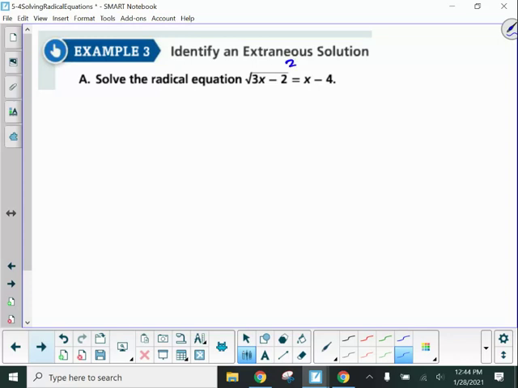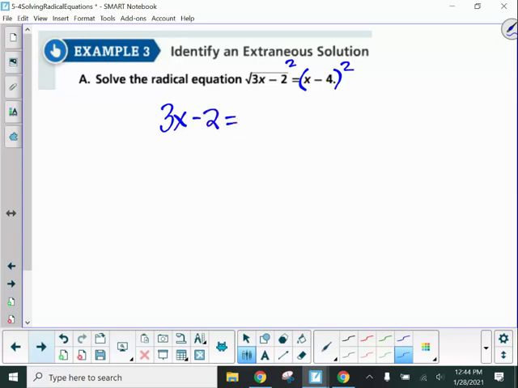You need to be careful though, because I don't have a solitary number on the right-hand side. I have a binomial. So when I square that, I have to square the whole quantity. You cannot distribute the square. You actually have to do x minus 4 times x minus 4. When I square the square root, though, I am going to be left with 3x minus 2.